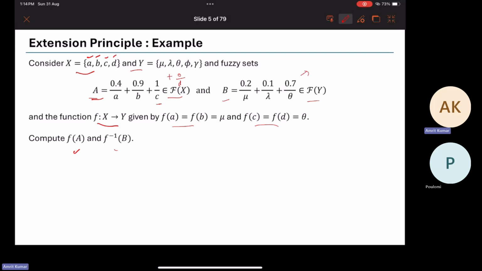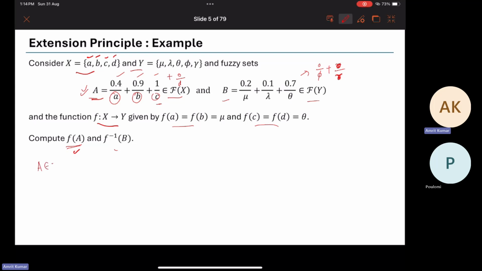Similarly, here it means that the membership of phi in B is 0, and gamma is also 0. So for a finite universe, we specify fuzzy sets like this. We list all the elements and then we specify their membership values. And if any of the elements is not specified, then it automatically means that its membership is 0. So just to clarify.